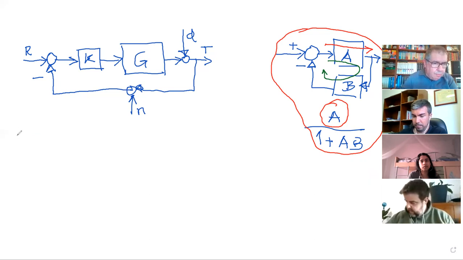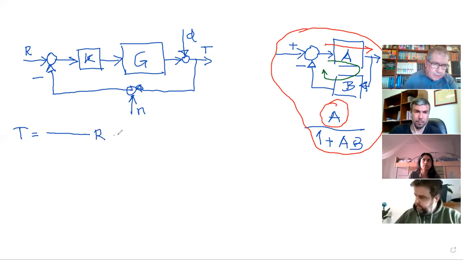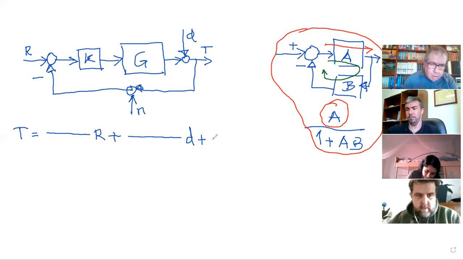So T is equal to the transfer function times the reference plus the transfer function times D plus the transfer function times N.